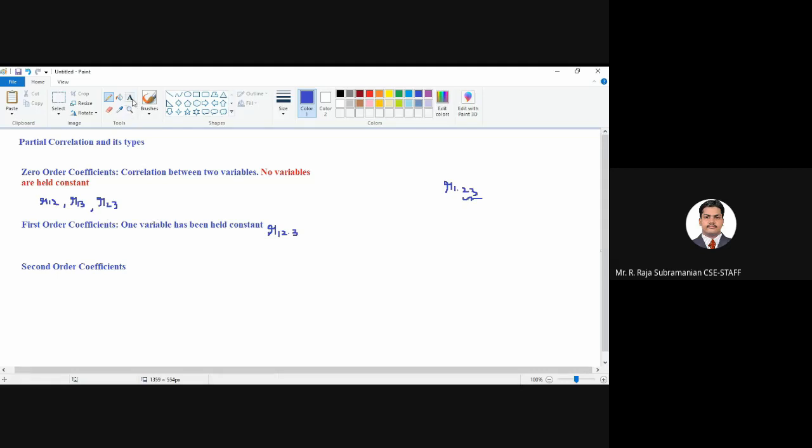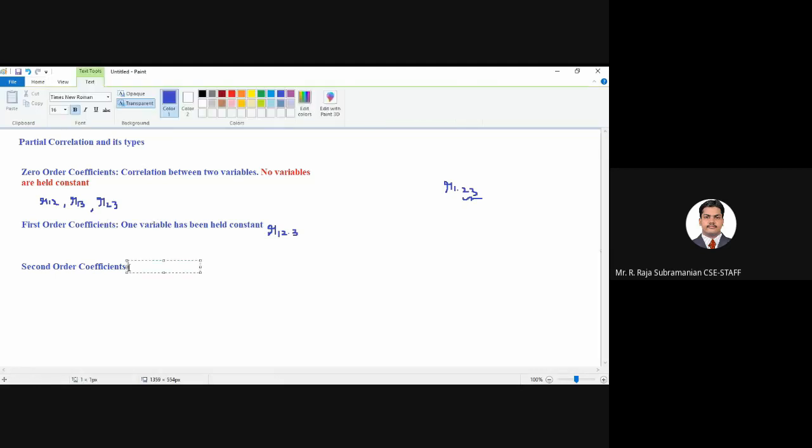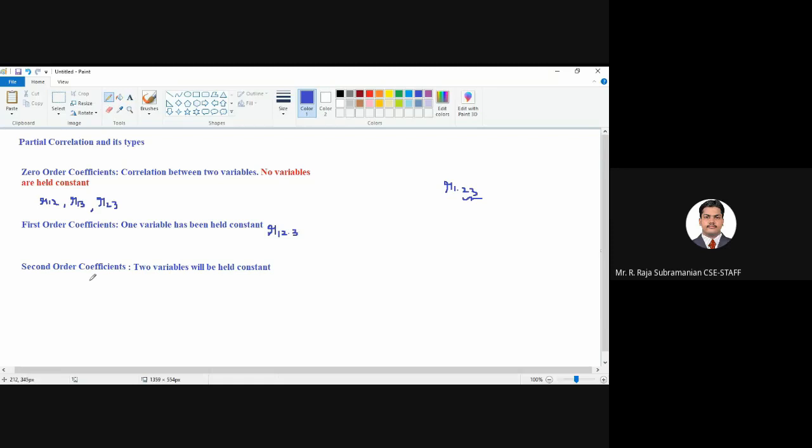Similarly, you can directly say two variables will be held constant, and I can write this as R1.23, or at a higher level, you can also write R12.34.